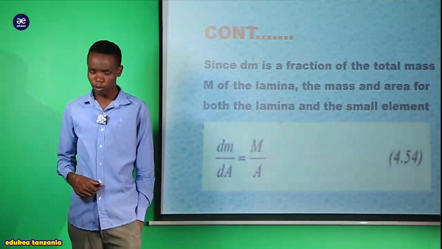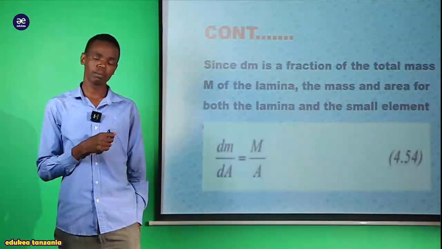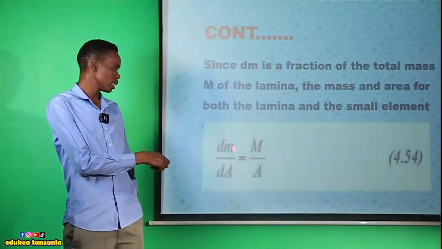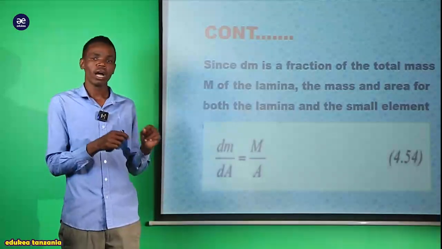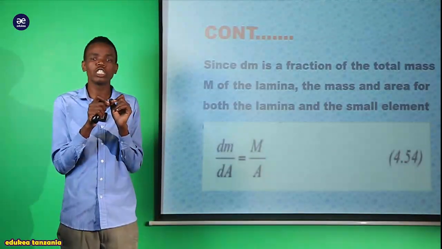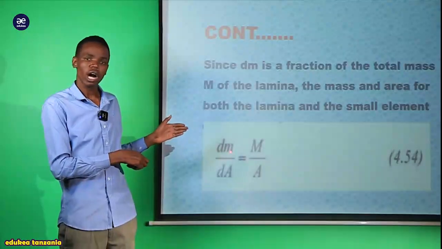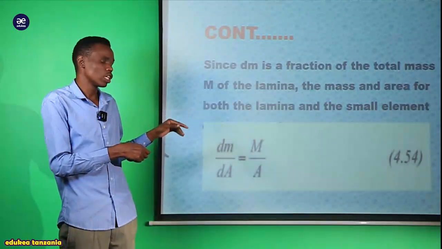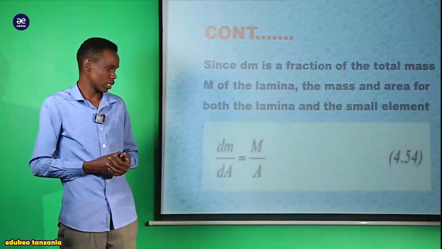Now we say that dm divided by dA must be equal to M divided by A. Here dm represents the small change of mass for the element, the small change of mass for the element found inside the lamina.